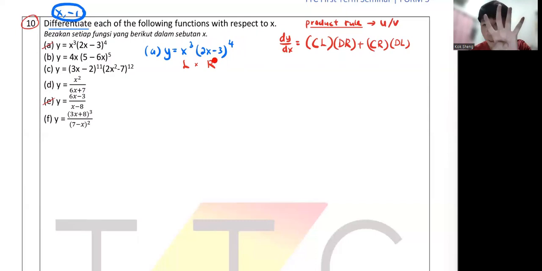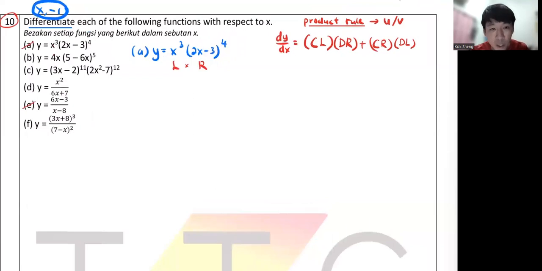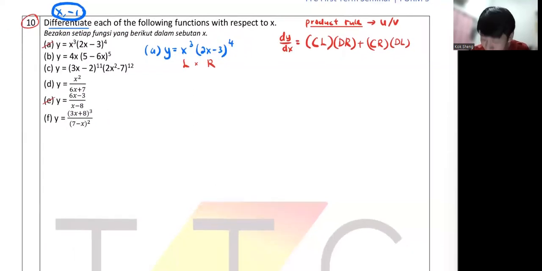We're going to use the number 4 method because the bracket, you can see, cannot be expanded. The power 4, you have to go for outside, inside, right? Okay, so we start from this one first, then later we continue. We start from the first half of it. Let's go. dy over dx. The first bracket is copy left.